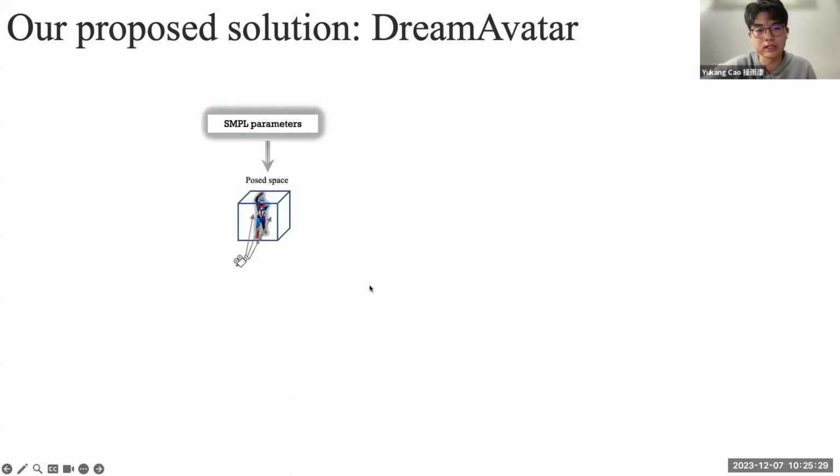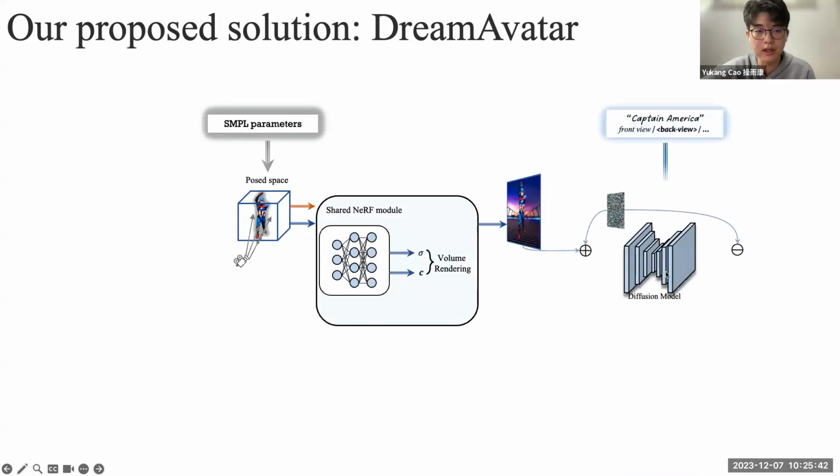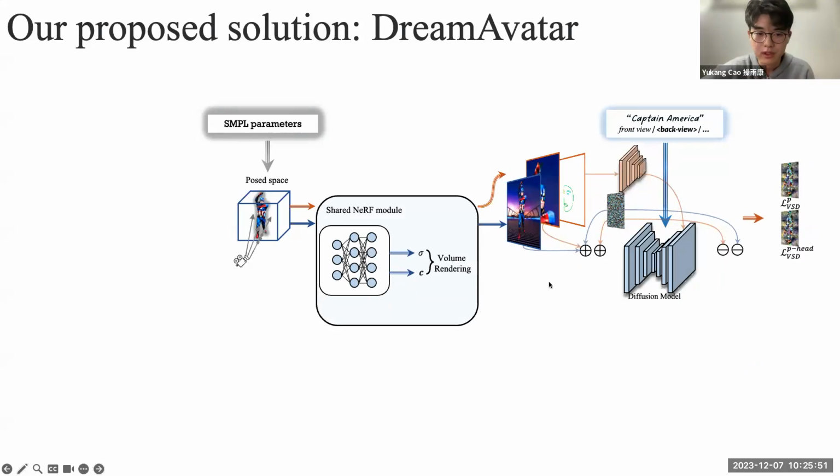Then we can construct a pose space based on these parameters. Following DreamFusion, one straightforward manner would be using the NeRF to render the images and have the text encoder calculate the loss. We can also zoom in to the 3D head region to enhance the performance of the head and calculate the loss for the head region.